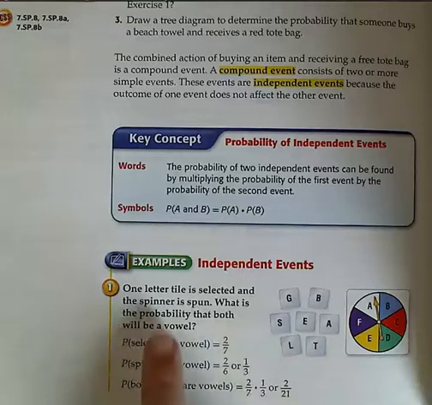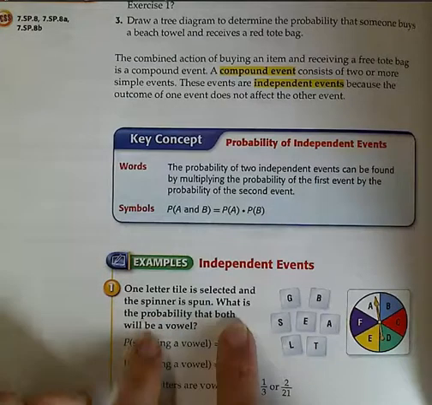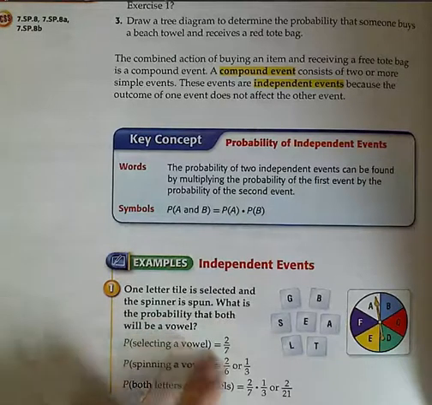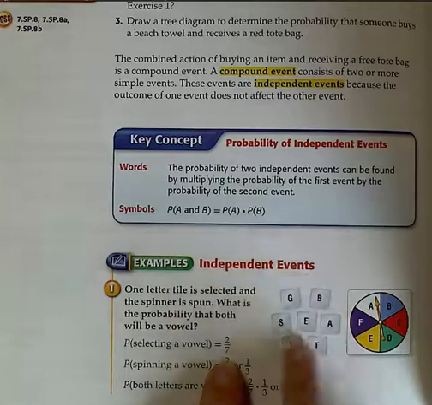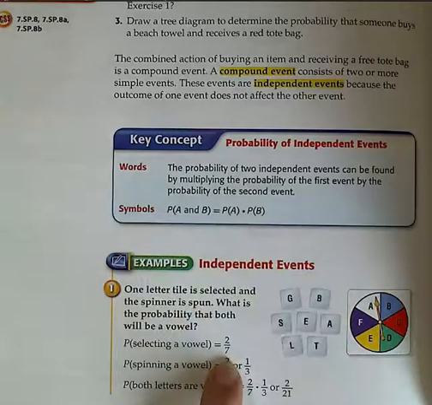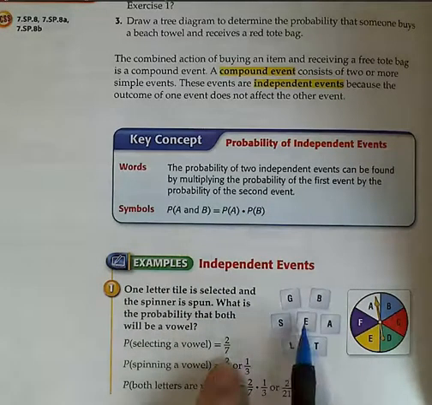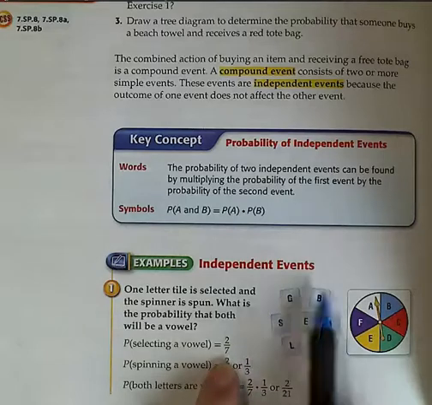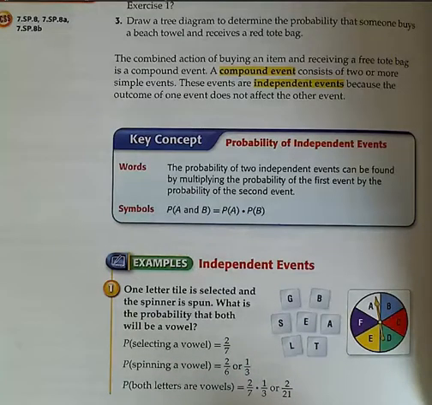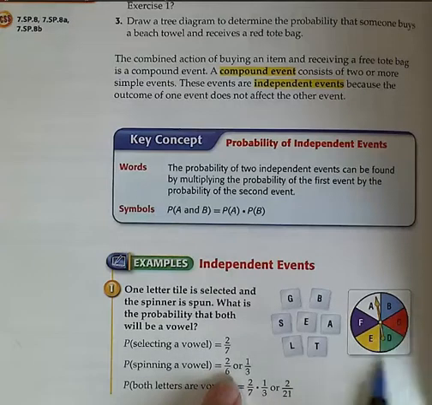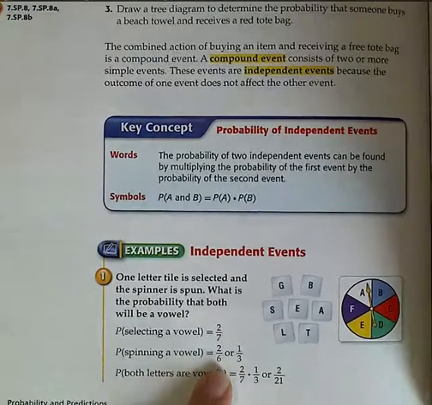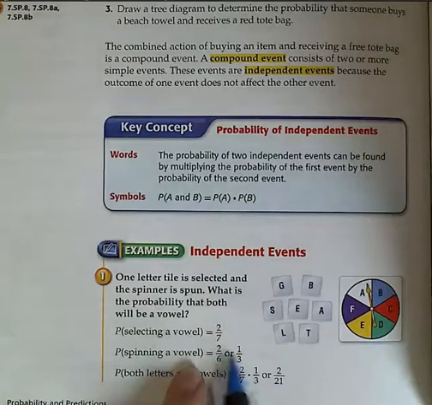And what's going to happen is we're going to try to find the probability that both things are a vowel. Well, what's the probability of getting a vowel from my tiles? 2 out of 7. Good. I want 2 vowels out of 7 total things. Probability is what I want over the total number of choices. What if I spin the spinner? What's my probability of getting a vowel there? How many vowels? There are 2 out of 6 or 1/3.